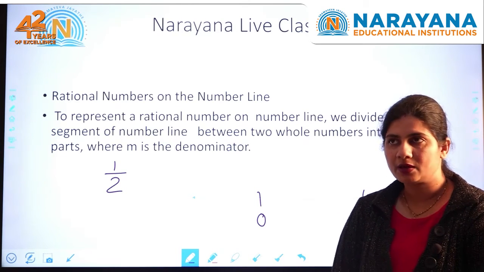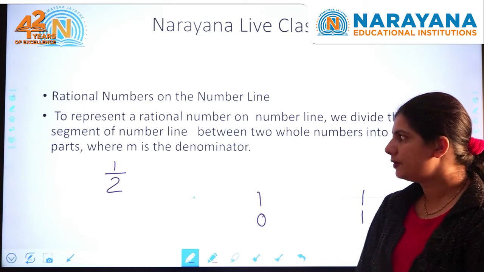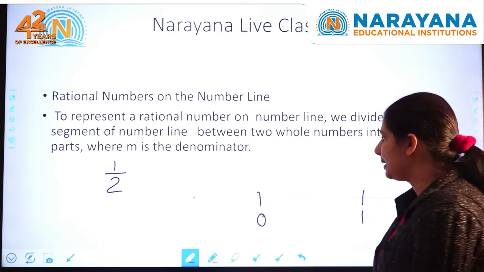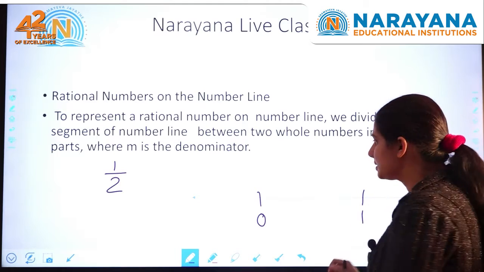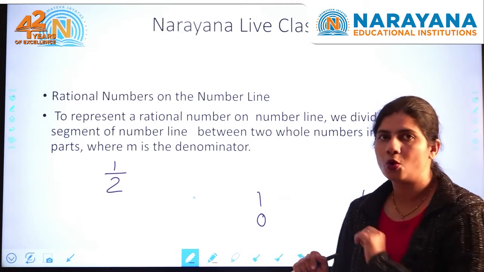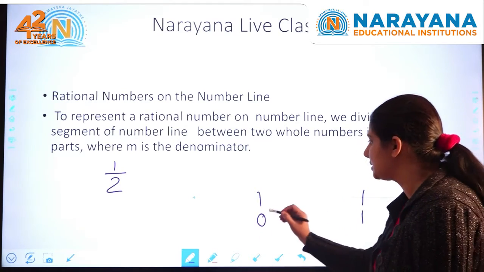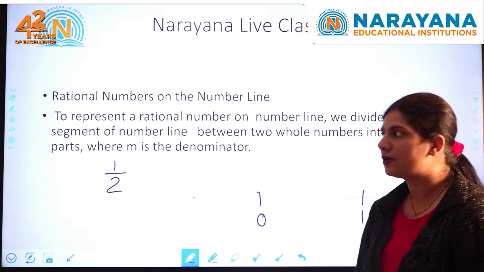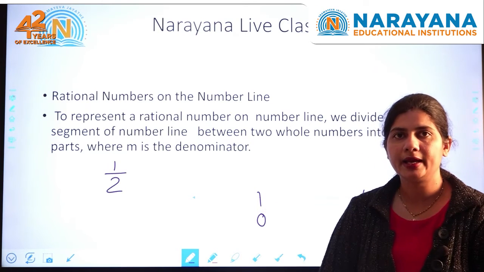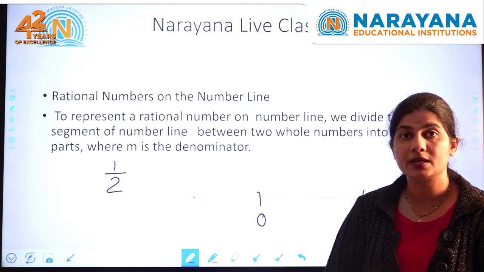So what we will do, we'll divide this line segment, the line segment between the two whole numbers, 0 and 1, into how many parts? Equal to the denominator. Here our denominator is 2.